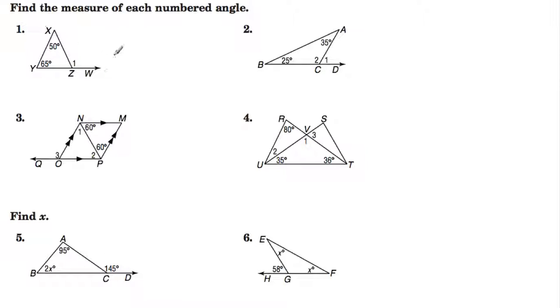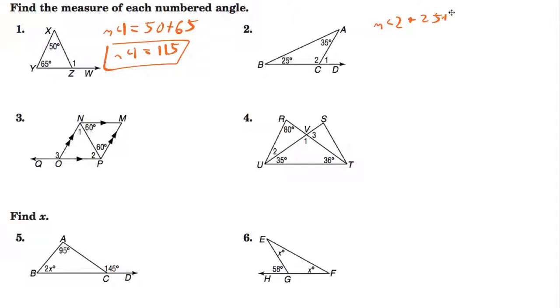All right, so we can do the same thing with these problems here. So the measure of angle 1 is going to be equal to 50 plus 65. So the measure of angle 1 is equal to 115. Over here, we saw this a bunch of different ways, but let's just say that measure of angle 2 plus 25 plus 35 is equal to 180.